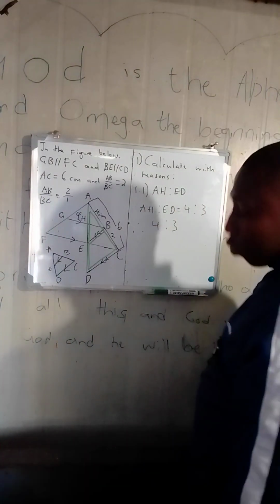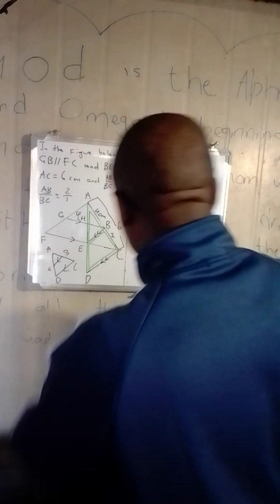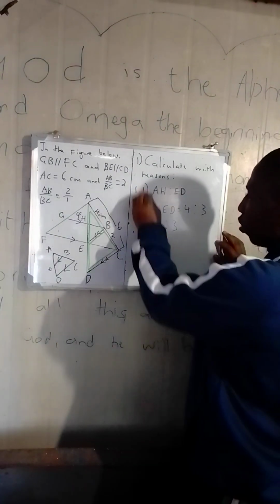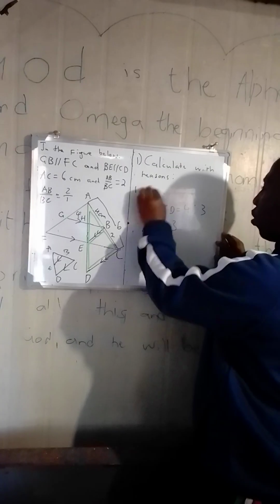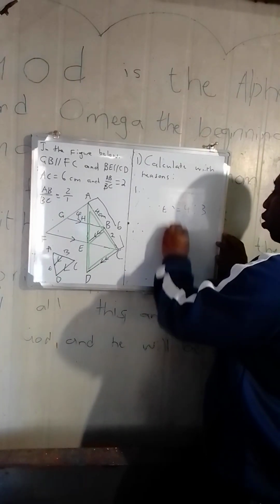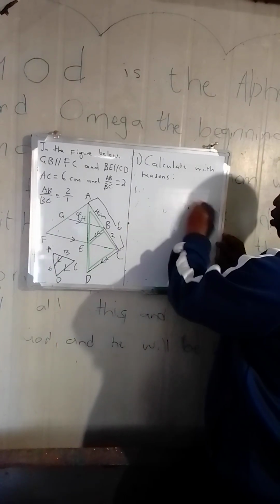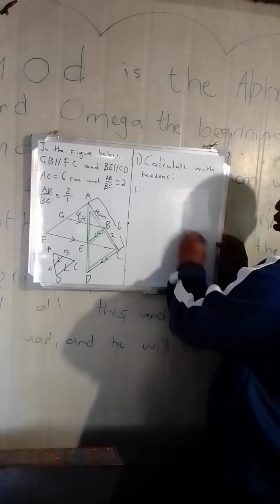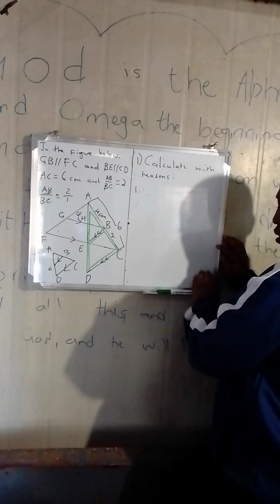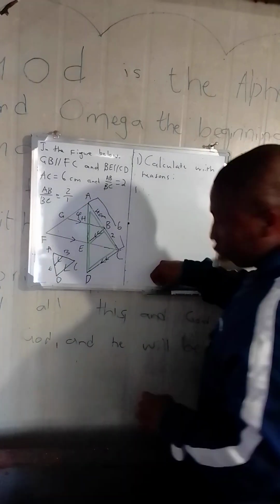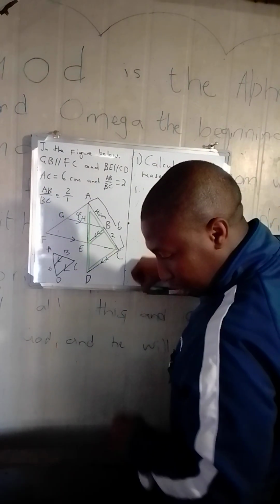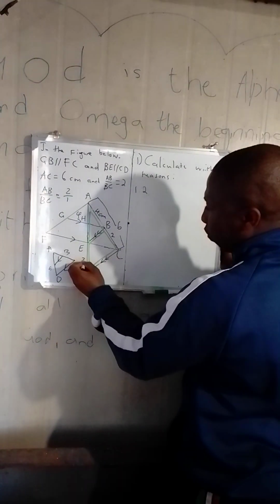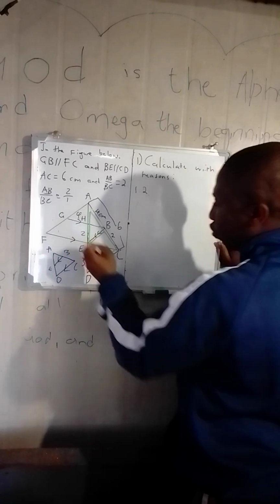So let's do another question. So it's 1.2. Here it's 3, here it's 4, here it's 2.